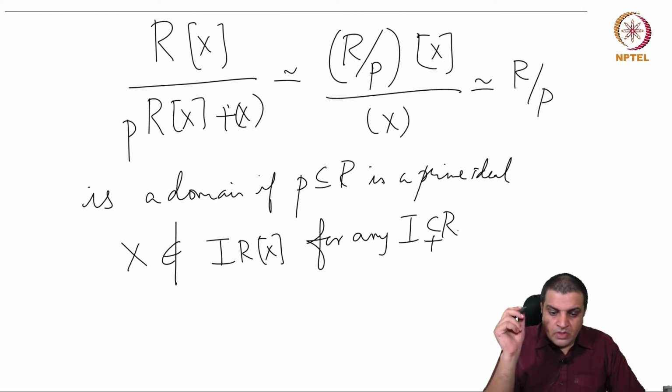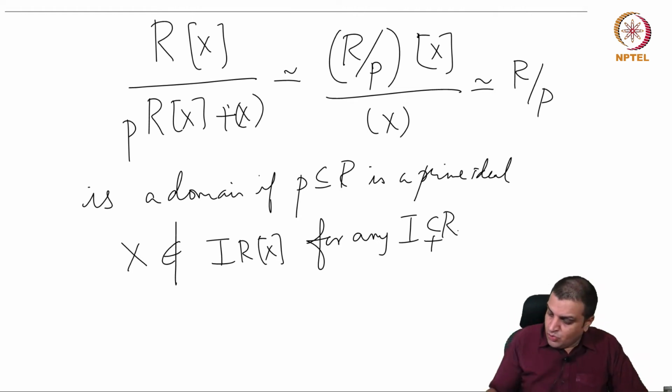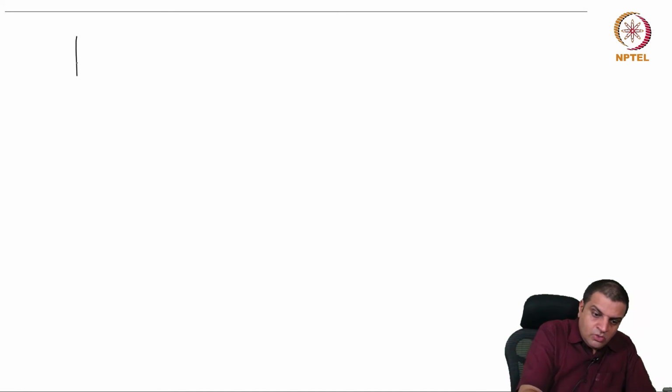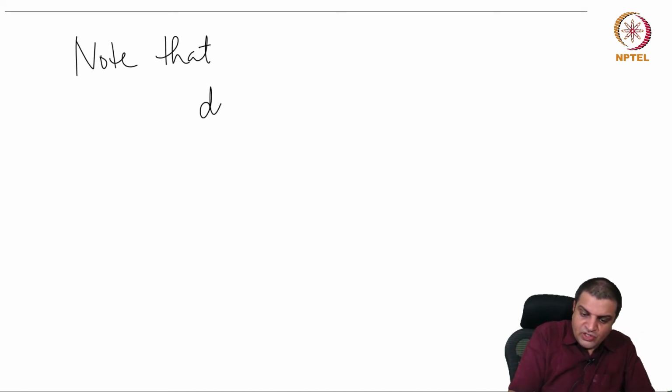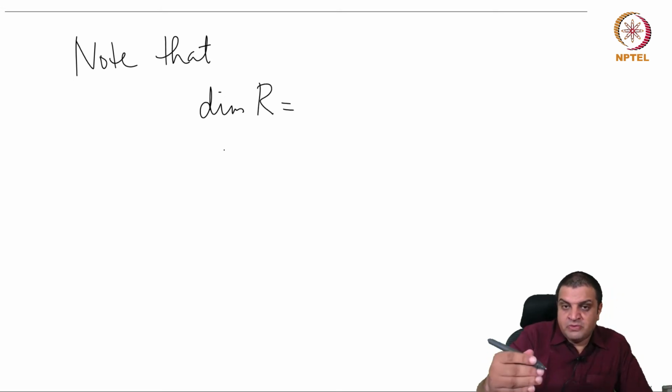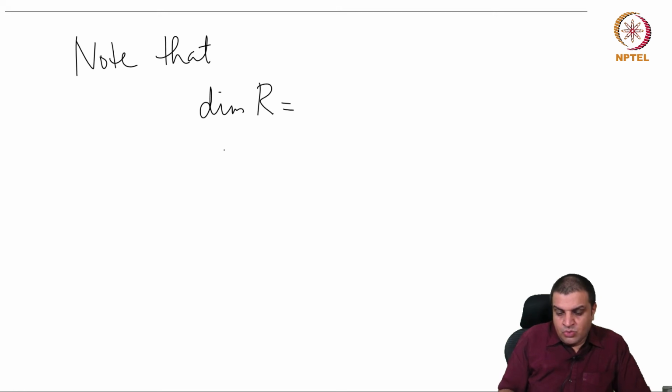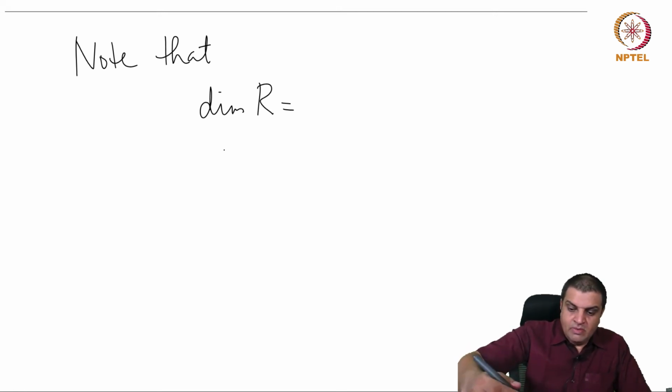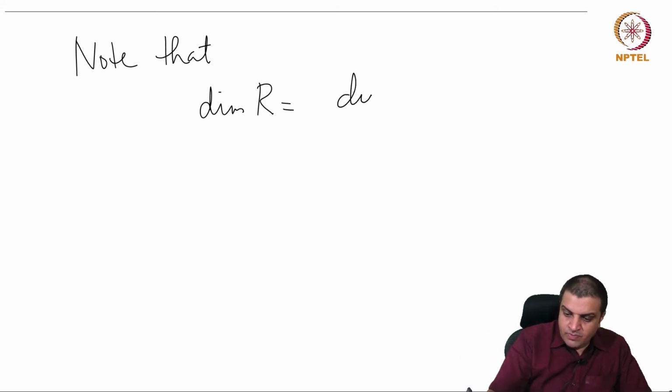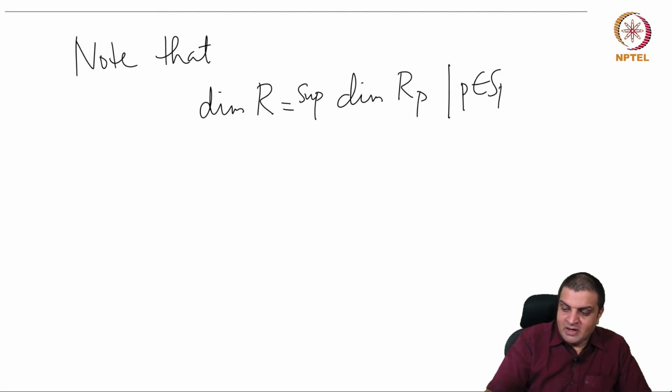But note that the dimension of R is a supremum of chains of primes. So wherever a chain ends, that is going to contribute to the height of that prime. So this is really the supremum of the dimension of R localized at P, for P in Spec R.